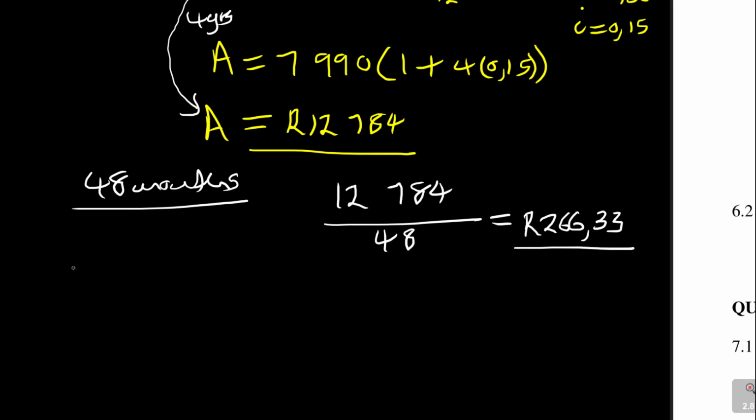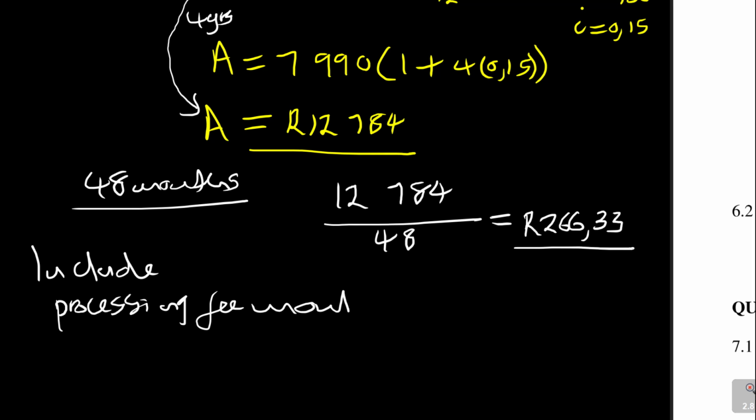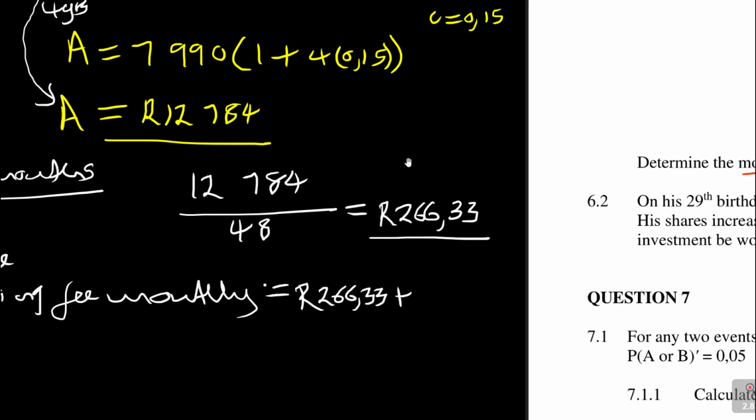So we are now going to include the processing fee, which is monthly. So what are you going to pay now? You are going to pay every month 266.33 plus this processing fee of 13 rand 50.